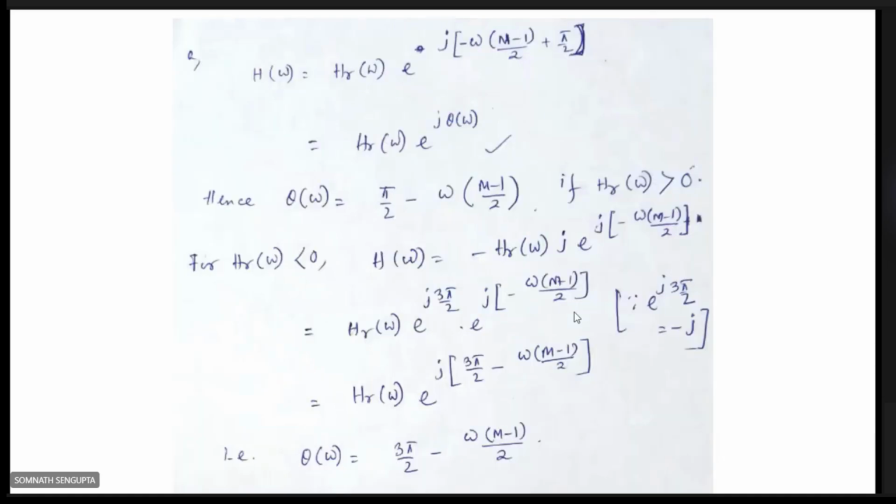We can have the idea that H_R(omega), if it is antisymmetric and m odd, then its magnitude part is this, and antisymmetric m even, this is this kind of graph. So to analyze this, you need to devote much time, and also mathematical analysis is required.